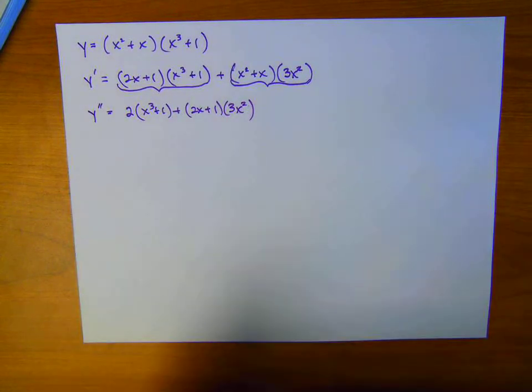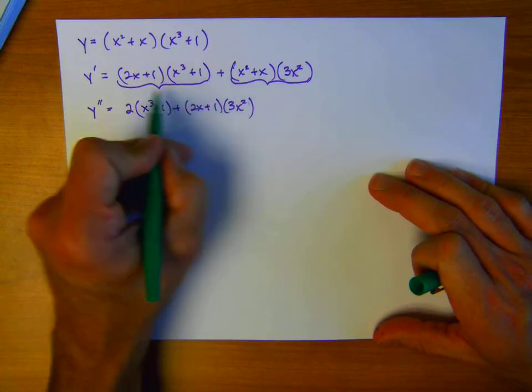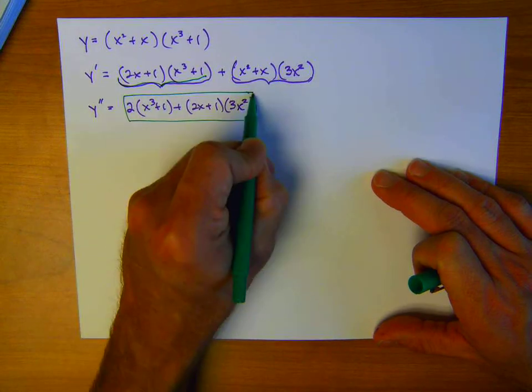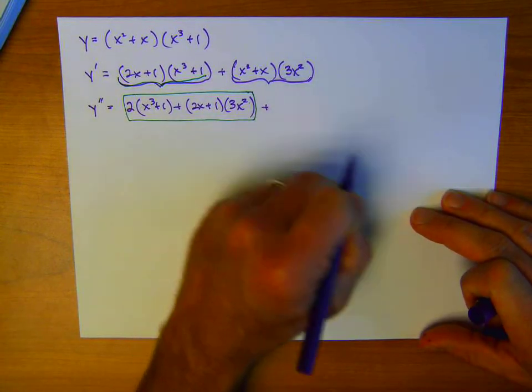All right, so that, just changing colors to make it clear, this right here is the derivative of the first part. And then for the second part, we use the product rule again.